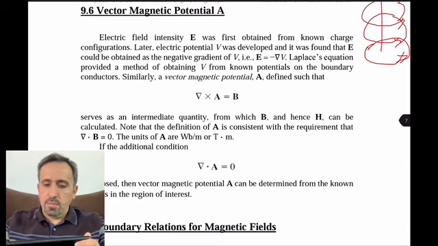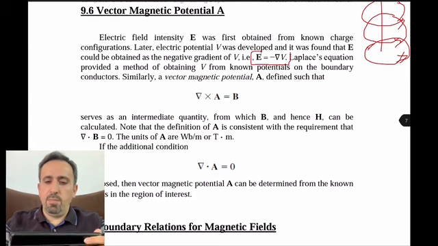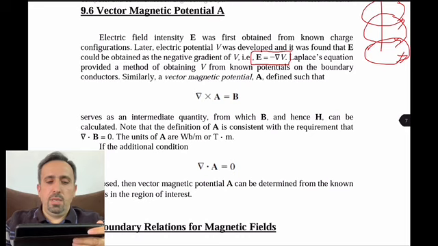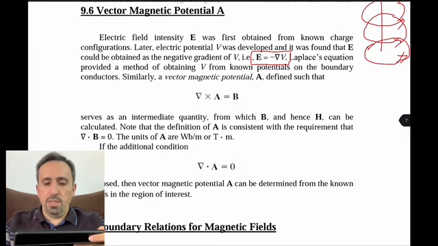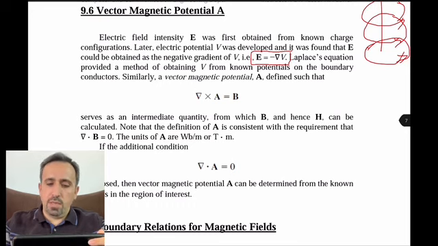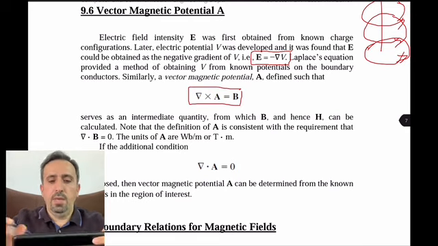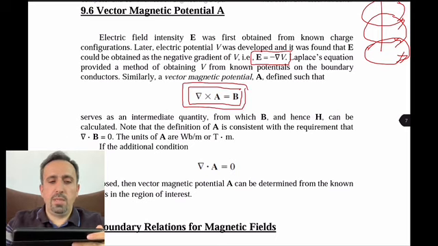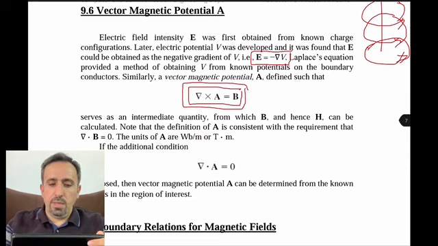So previously we have been talking about the potential difference, and the relation between potential difference or voltage and electric field intensity is given by the equation E equal to minus gradient of V. Here we have an equation by which we can calculate the vector magnetic potential by taking the curl of A equal to B, where B is the magnetic flux density.